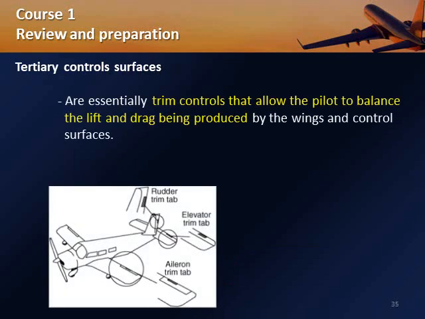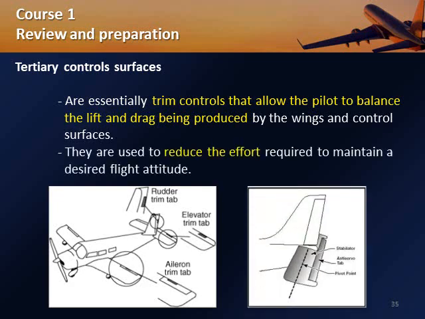Tertiary flight control surfaces are essentially trim controls that allow the pilot to balance the lift and drag being produced by the wings and the control surfaces. They are used to reduce the effort required to maintain a desired flight attitude. As the aircraft flies, usually fuel is consumed, so the CG, or center of gravity, of the aircraft will change during flight, meaning that you have to put a little bit more effort in, for example, keeping the nose of the aircraft up.